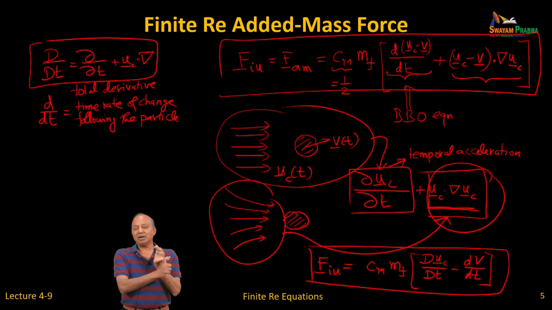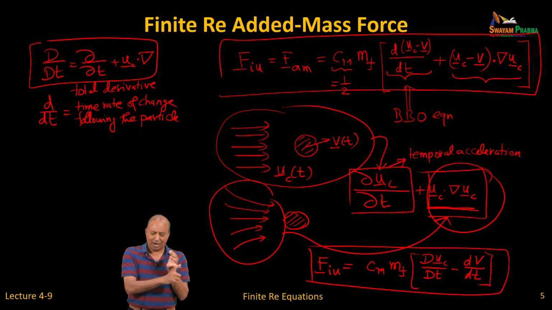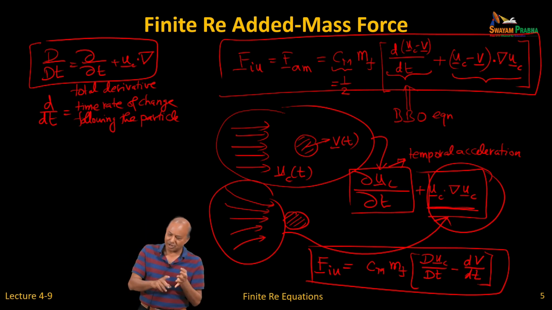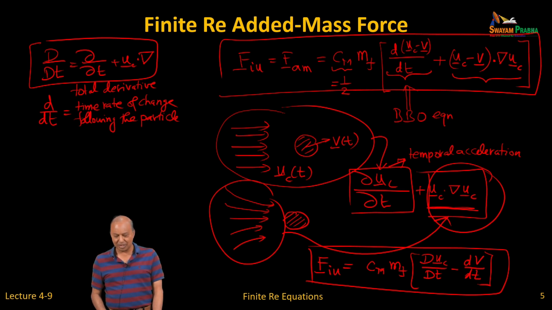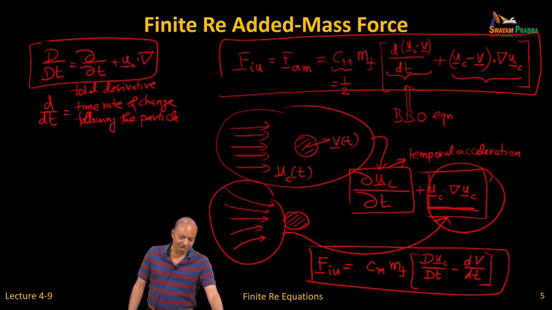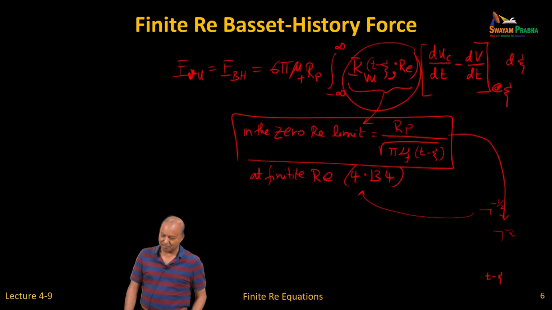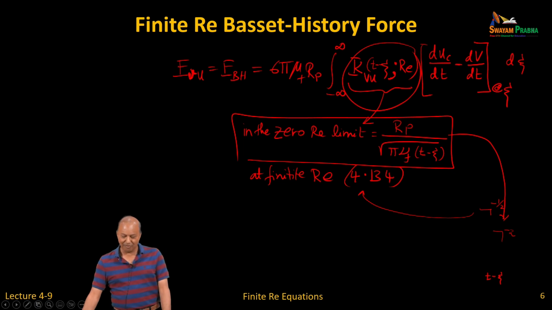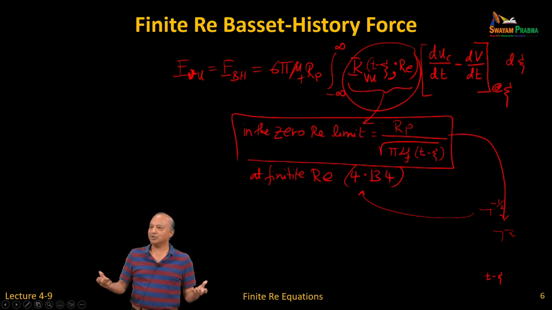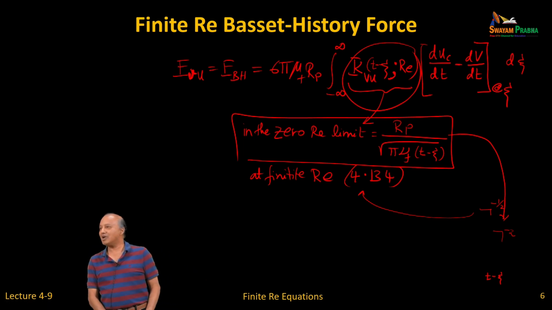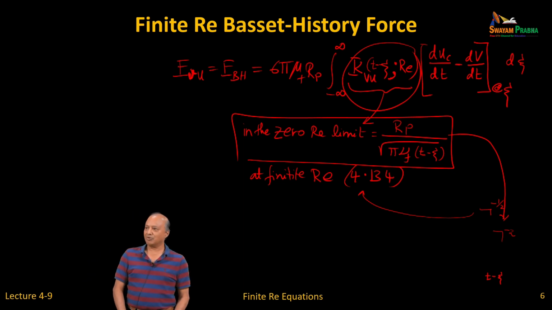So the bottom line is that the pressure, the undisturbed flow force and the added mass force remain the same. It is the viscous effect that really becomes hard. For the quasi-steady force, you have a finite Reynolds number correction. The Basset history force: previously whatever we had, and somebody asked the question, where do you get that? That was derived analytically for zero Reynolds number.